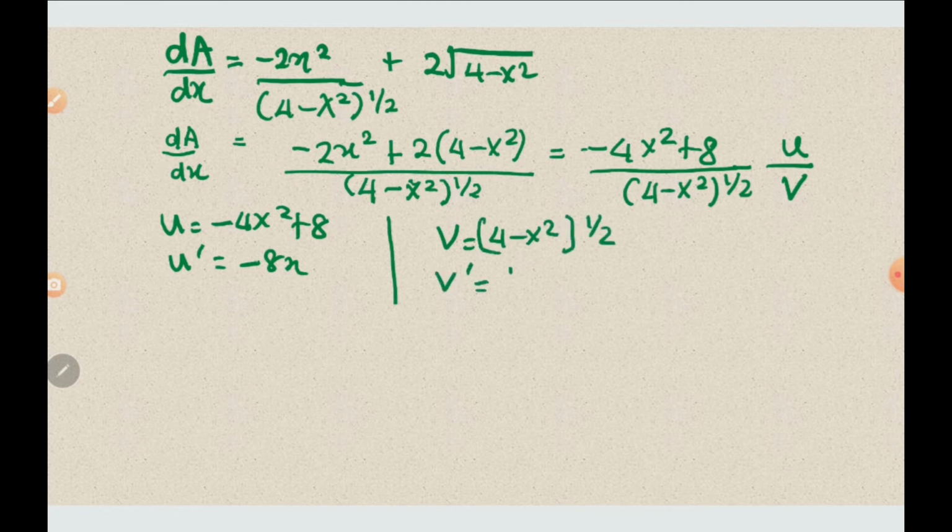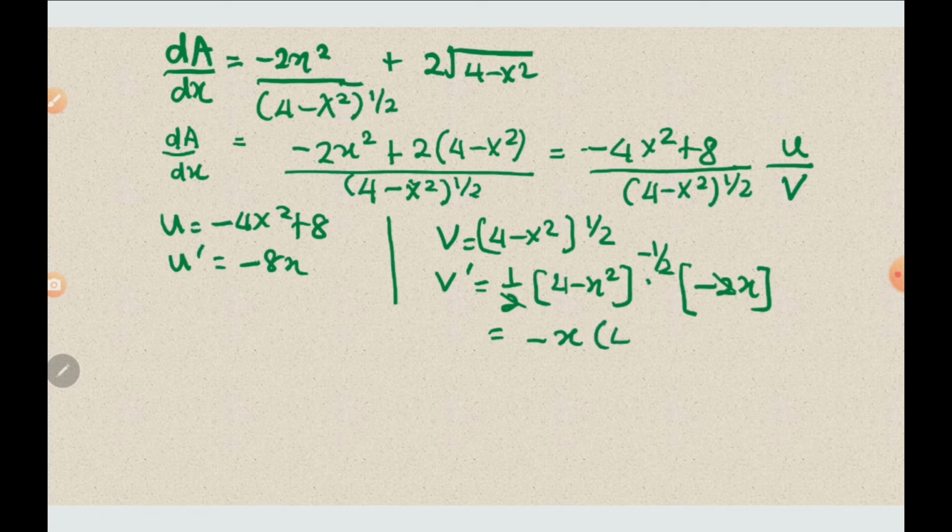So v prime is equal to 1 over 2 multiplied with (4 minus x squared) to the power of half minus 1, negative half, and you have to differentiate the inside function, that is negative 2x. And then 2 is cancelled out by 2, and the answer is equal to negative x multiplied with (4 minus x squared) to the power of negative 1 over 2.